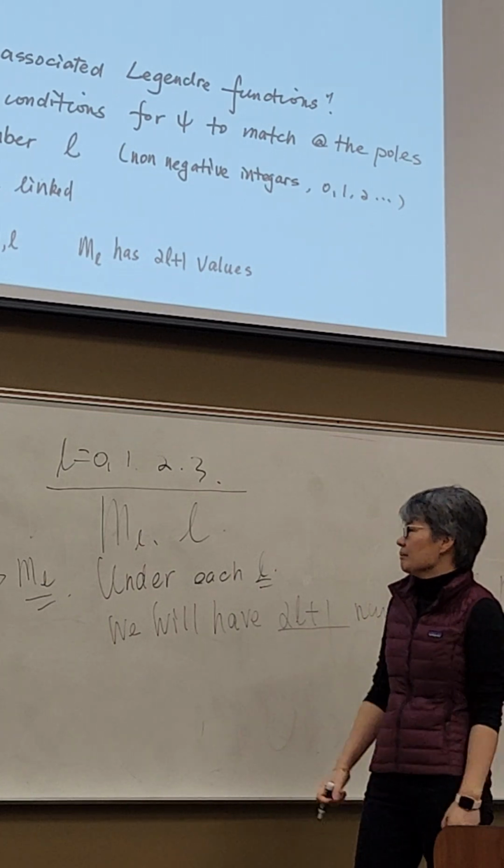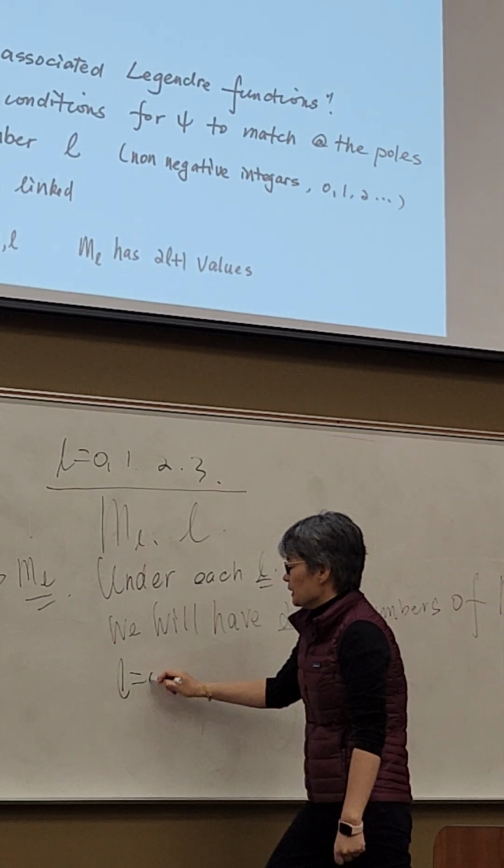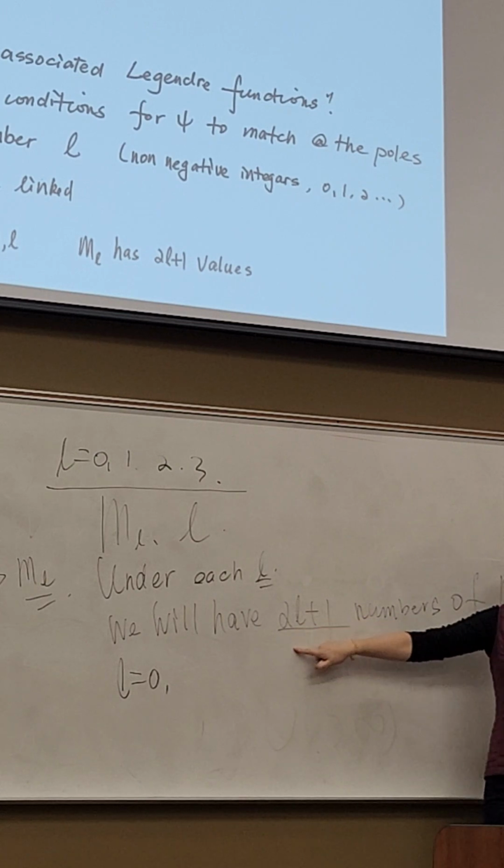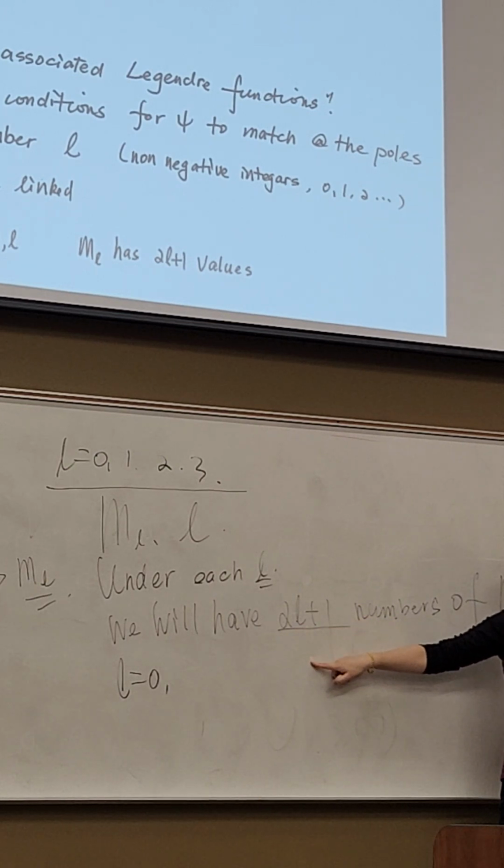So what does that mean? If L equals 0, how many values for m sub L could I have? It's 2L plus 1. That means I'm only going to have one value for m sub L.